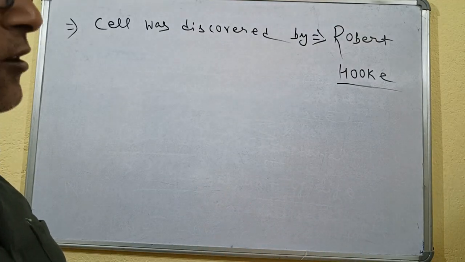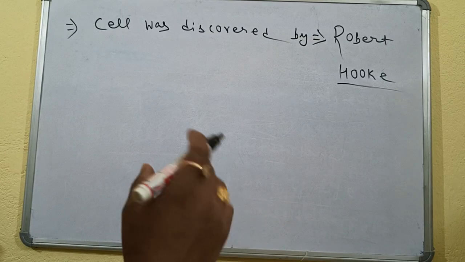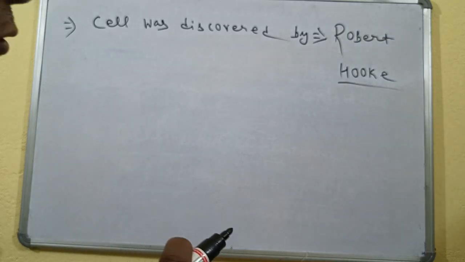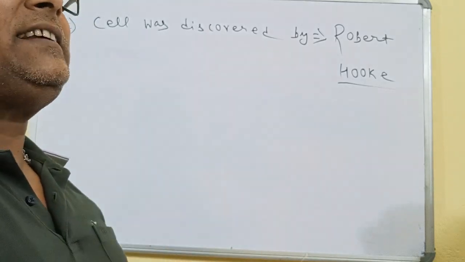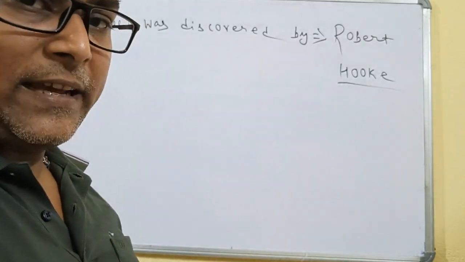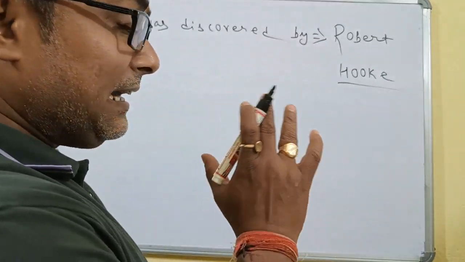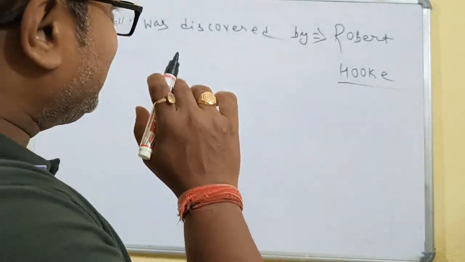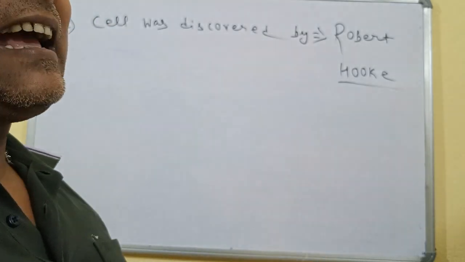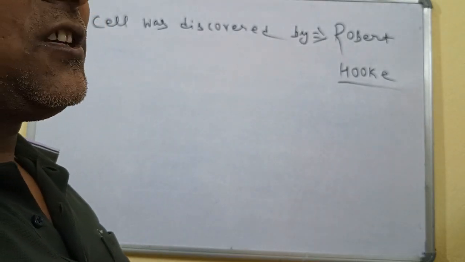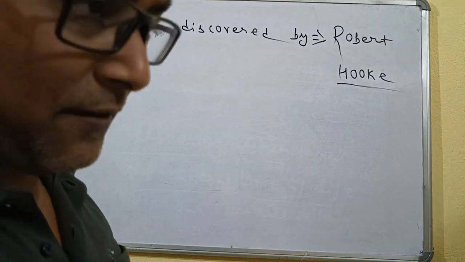and cork cell is actually a dead cell. So Robert Hooke actually observed their outer wall. And outer wall means cell wall. So Robert Hooke did not actually discover the cell, but coined the term cell, and he described this whole information in his book, known as Micrographia.